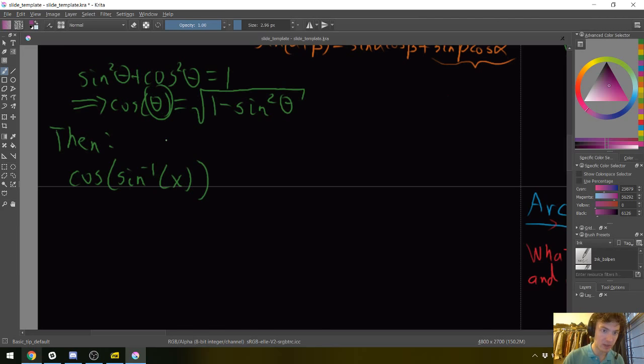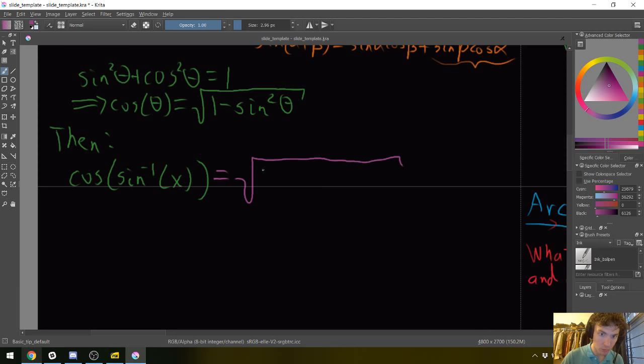So in particular, we could just let theta be this whole thing inside. Theta is sine inverse of x. So that means this is square root of 1 minus sine squared. Now what is theta? Theta is sine inverse of x. Aha.